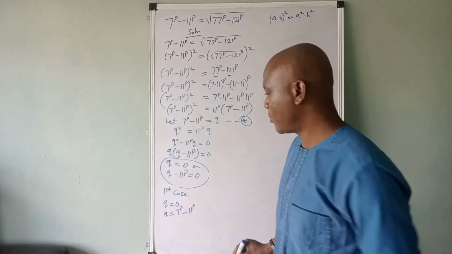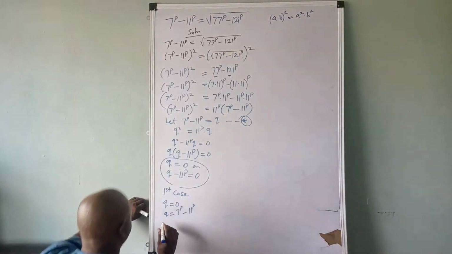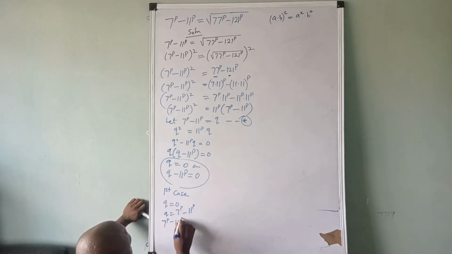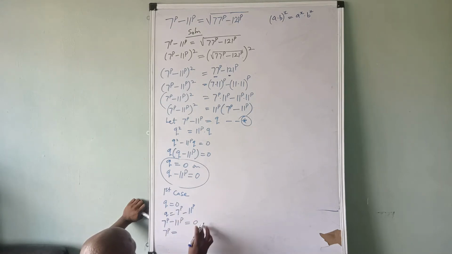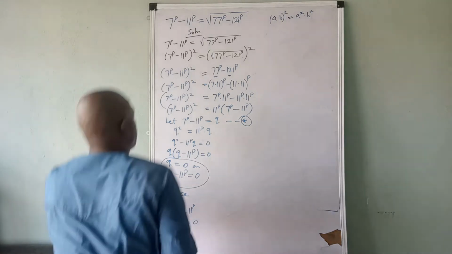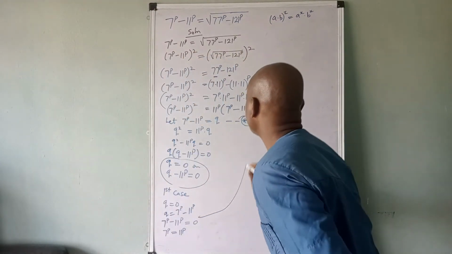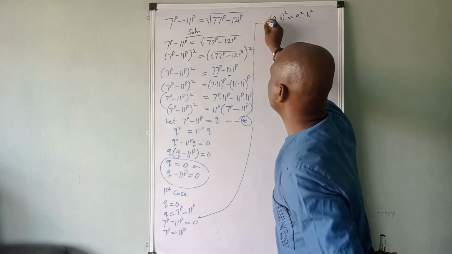So substituting appropriately, we get 7 raised to the power p minus 11 raised to the power p is equal to 0. So bringing this one to this side of the equation, we have 7 raised to the power p is equal to, if it goes to this side of the equation, it becomes positive, 11 raised to the power p. So with this that we have, let's move over to this side of the board.